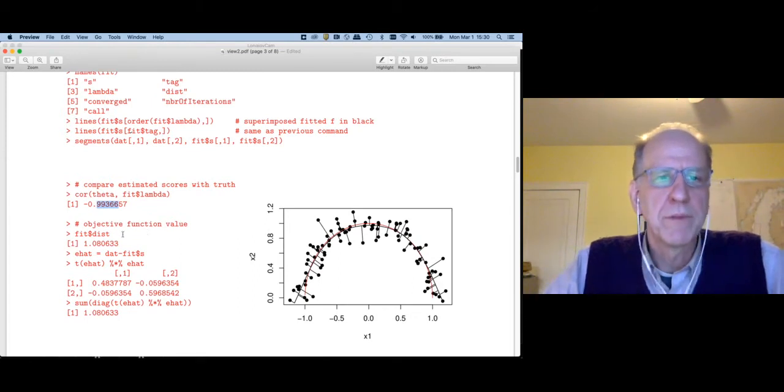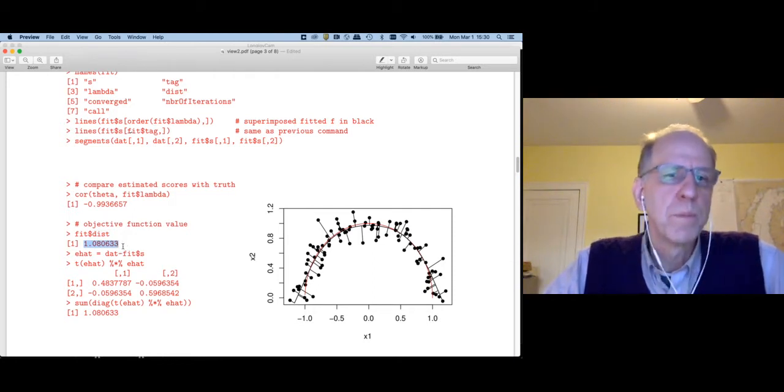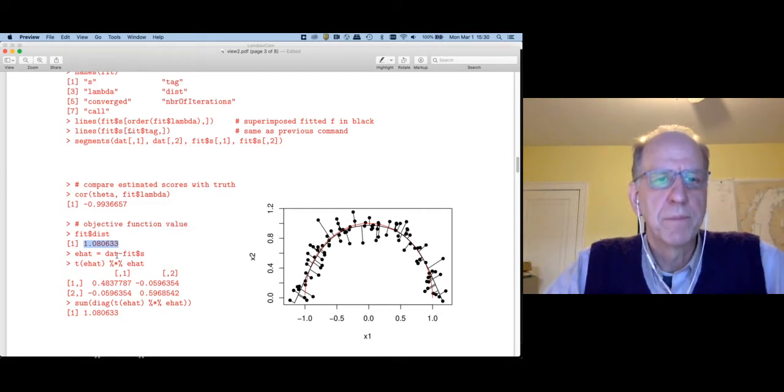Another component of the fitted list is fit$dist. That's the least squares objective function value. So the sum of squared errors in both the x1 and x2 direction is 1.08. If you'd like to see where that comes from, let's take dat minus the fitted curve.